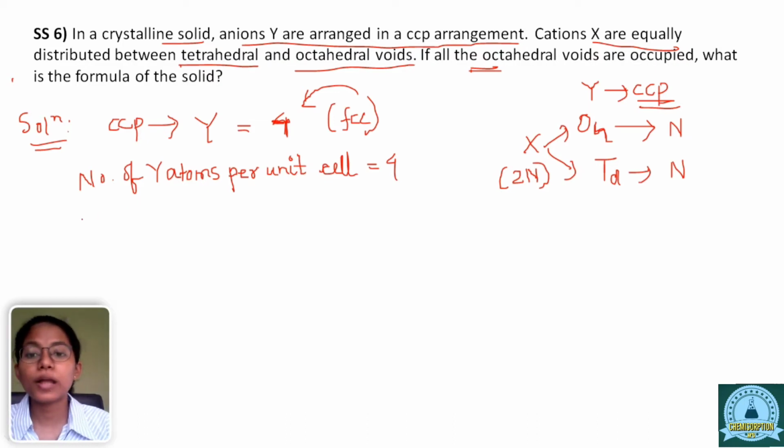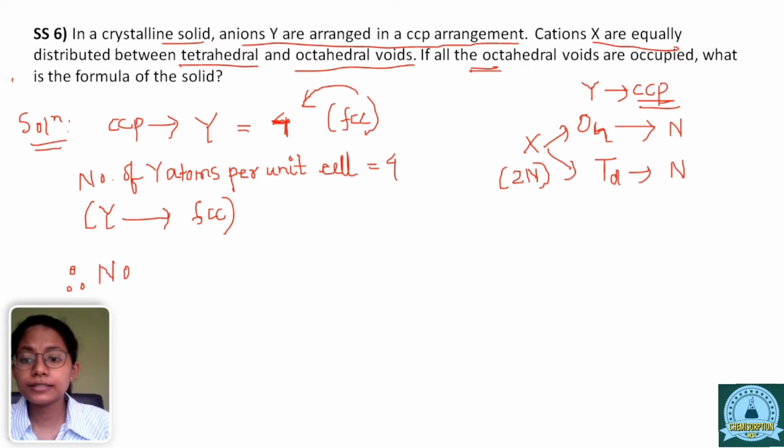The number of Y atoms per unit cell is 4 because Y forms an FCC structure, and therefore the number of octahedral voids is also 4.